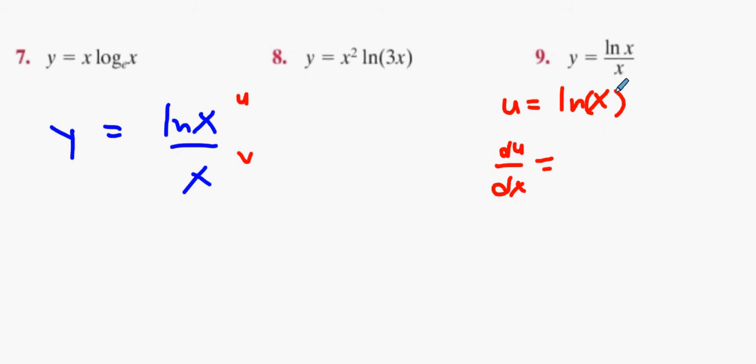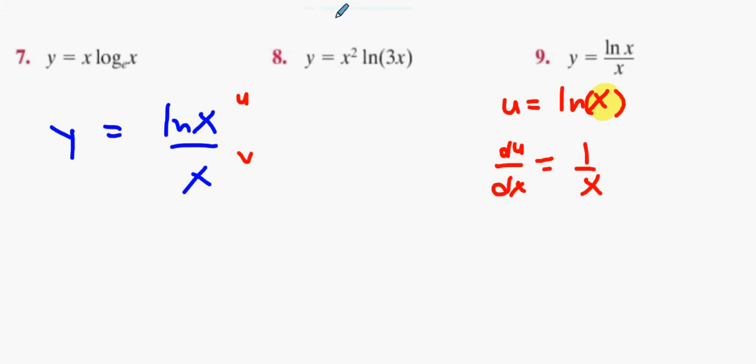Charlie. No, too late. 1 over x. Lads, for the last time, it's 1 over whatever is in the bracket, then differentiate the bracket. What happens when we differentiate that bracket? We get 1. Nothing to worry about.